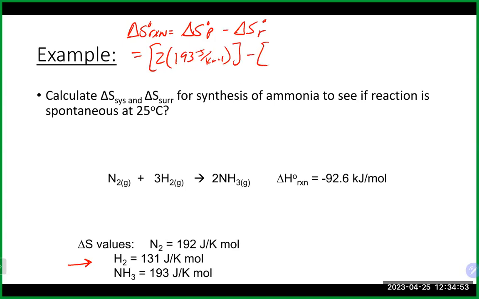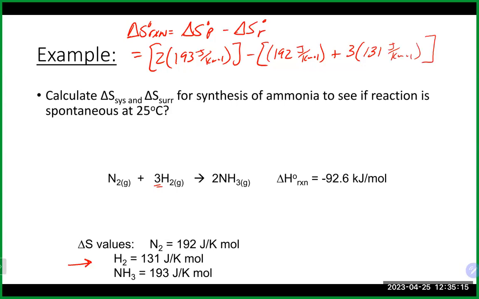Then on our reactant side, we have just an N2, which looks like it is a 192, plus our 3 H2s, which again we do need to multiply by 3, for our 131.